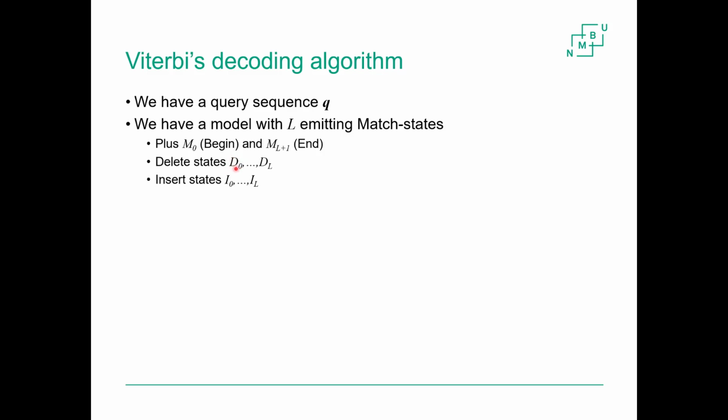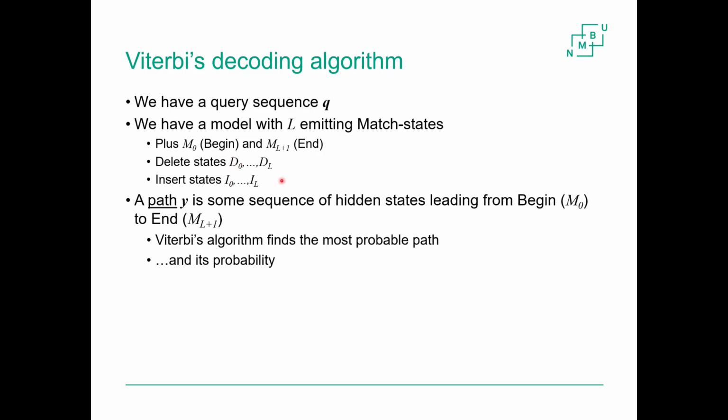We never visit this one, so in some sense it's silly to include it. But I only include it to make the notation complete here, right? Because M's always start at 0, I's always start at 0, and then I like the D's to always start at 0, even if the delete state number 0 is actually never visited. It's in here just for convenience, you could say.